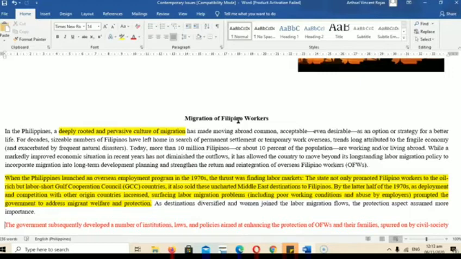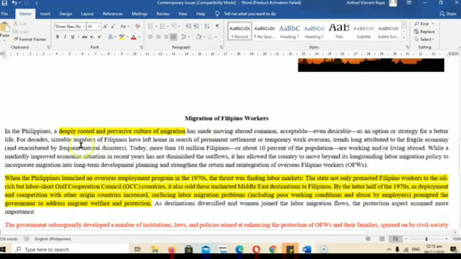When we say brain drain, our competitive workers, our skillful or talented workers are being pushed and pressured by the economy that we have in the Philippines. So that is why they choose the opportunity abroad, in the overseas land.